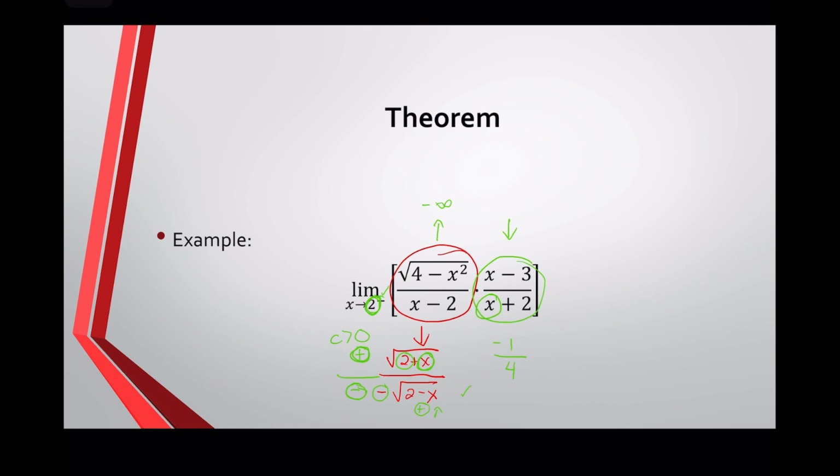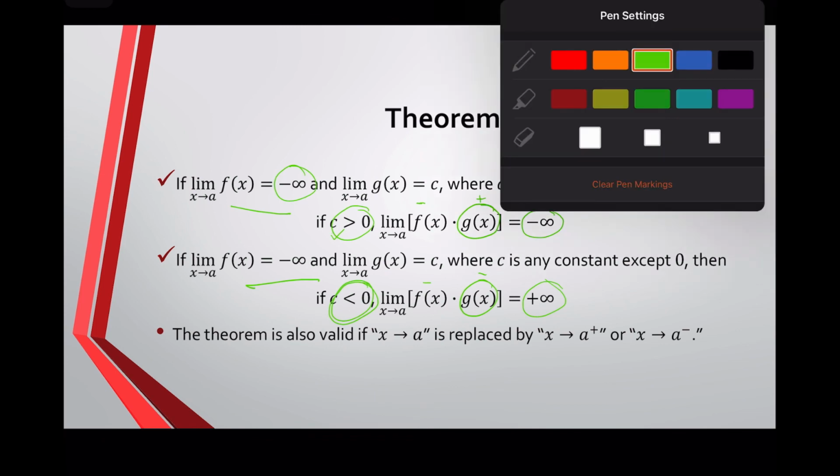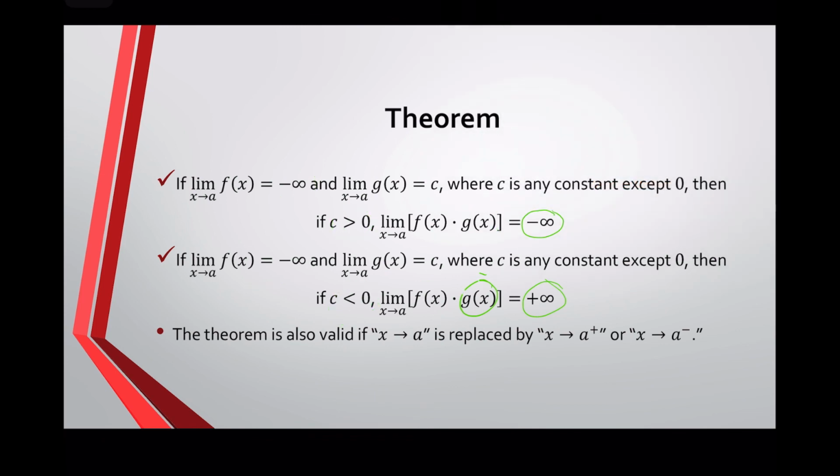So negative 1 divided by a positive 4, our answer here is a negative number, a negative constant. So in that case, negative infinity times a negative constant, definitely our answer here would be a positive infinity instead. And that is again based on this theorem right here.